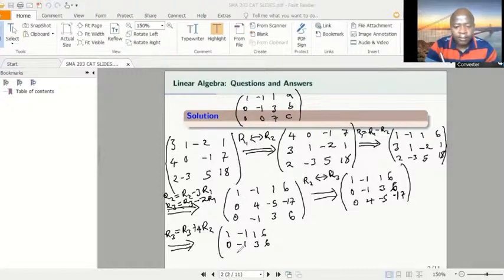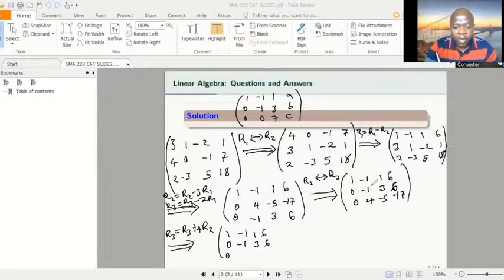So 1 times 4 plus 0 will be 0. Which one? Not 1. I'm multiplying equation 2 by 4. So it is 0 times 4 plus 0, which is 0.